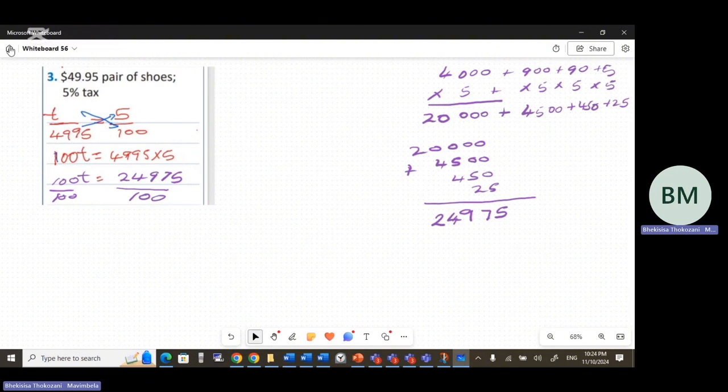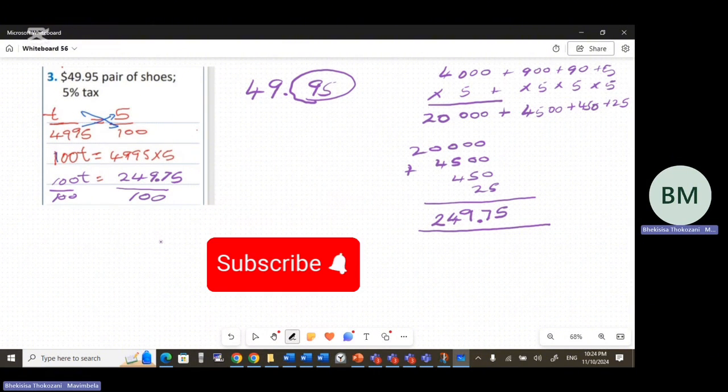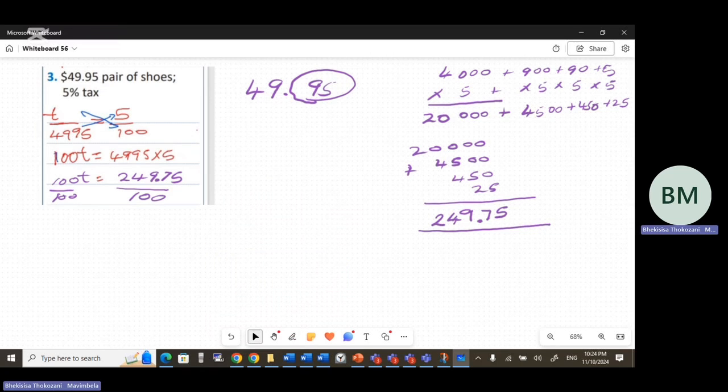The question was 49.95, meaning that there were 2 numbers after the decimal point. So here, I must have 2 numbers after the decimal point. That one is very crucial, guys, because it's easy to forget. If you forget that, the whole thing will be wrong. Where do I get this decimal point from? From the question itself. That's why I'm putting it there.